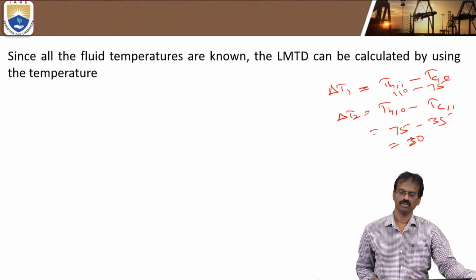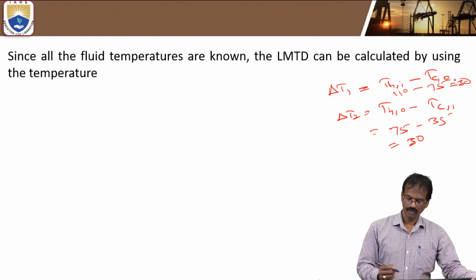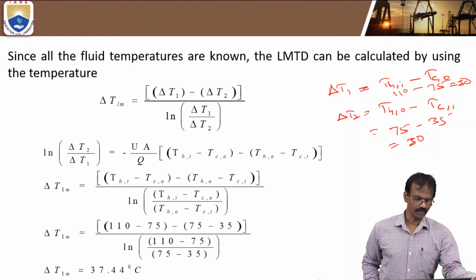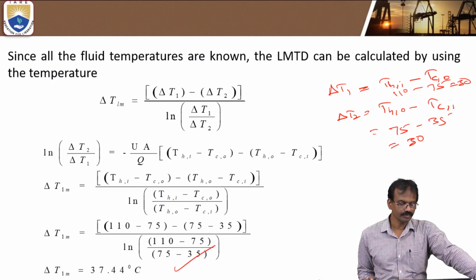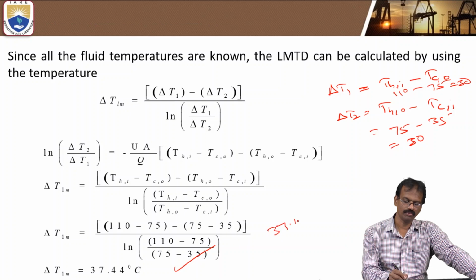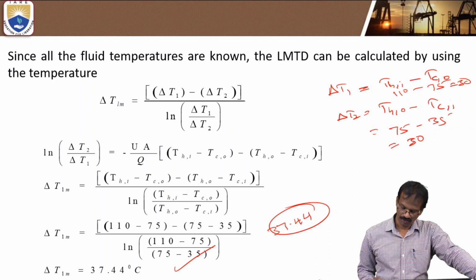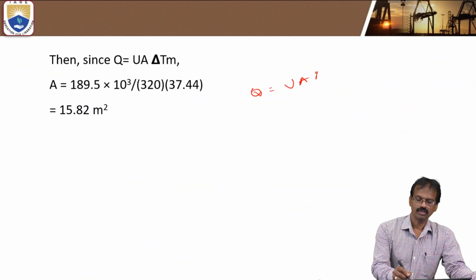Then you can substitute these values here, and you will get the ΔTlm value, which is equal to 37.44. If you know this value, then you can find out the area. You know that Q is equal to UA into ΔTlm. U is already given, and we require the area here.